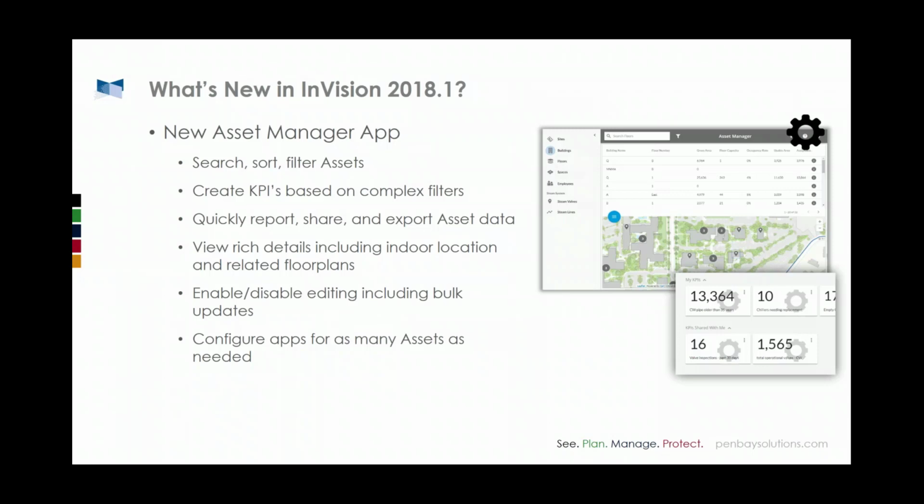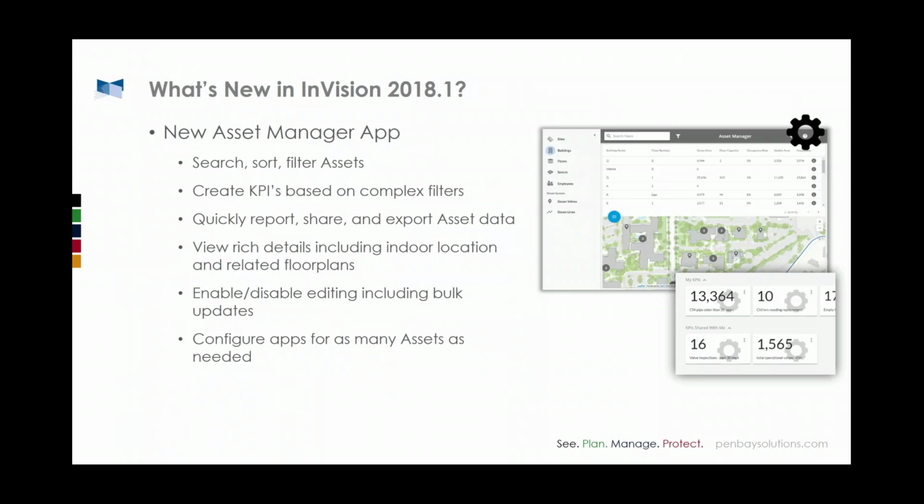So Asset Manager really is a big step forward in enabling customers to manage their assets indoors and out across the portfolio. And Asset Manager is a highly configurable application, so you can create Asset Manager instances for a wide variety of different kinds of assets.